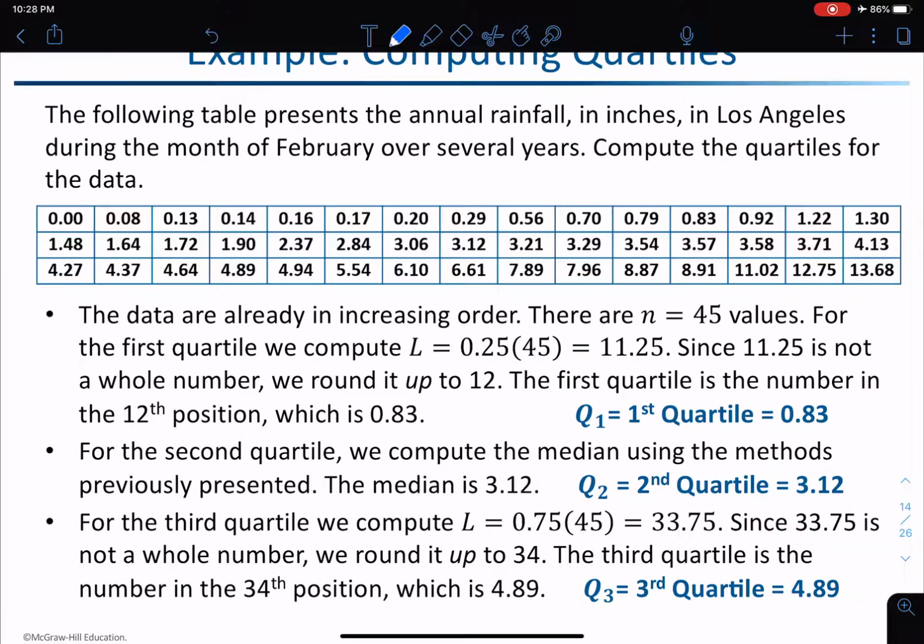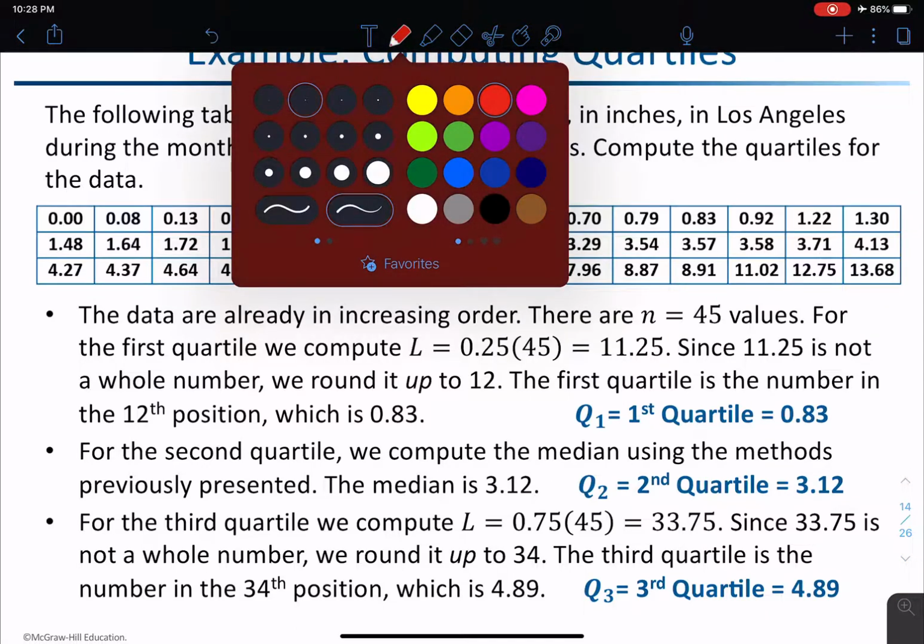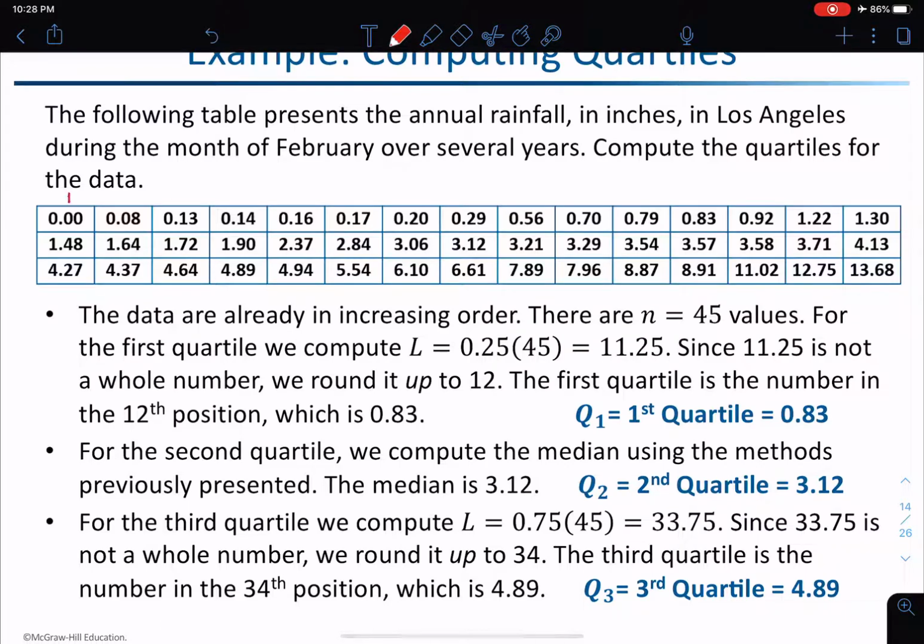If you're going to compute the quartiles, first of all, this data has to be in order from smallest to largest, and luckily it is. And when I'm talking about the data positions, I'm going to do those in red just so we can see. That's the first one, the second one, the third one, right? 4, 5, 6, 7, 8, 9, 10, 11, 12, 13, 14, 15.